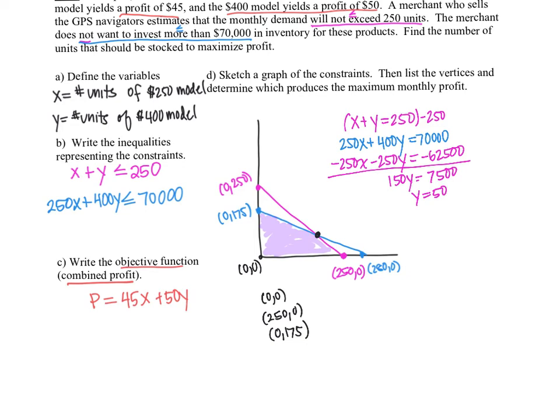Okay, y equals 50, so x plus y equals 250. Okay, so this point must be 200, 50, which seems reasonable, even though it's only a sketch.